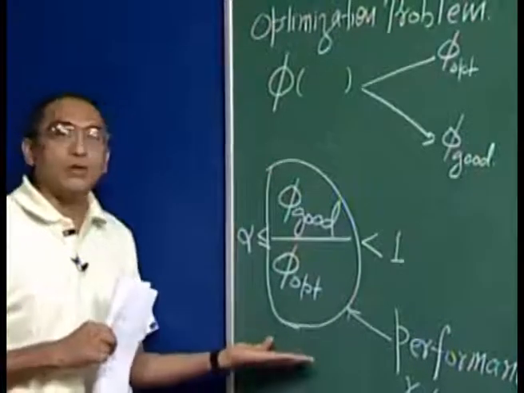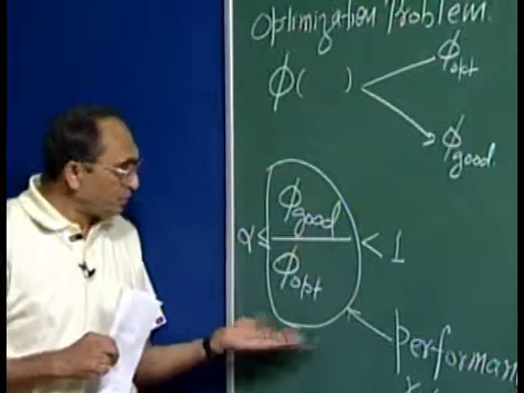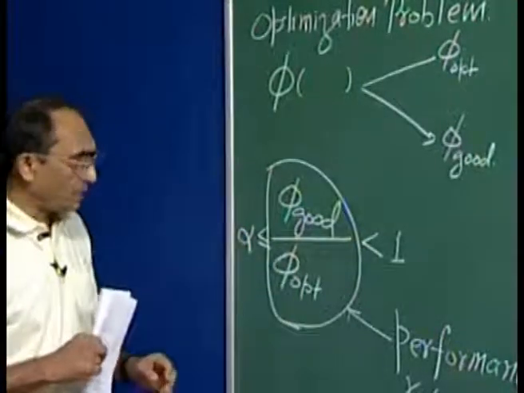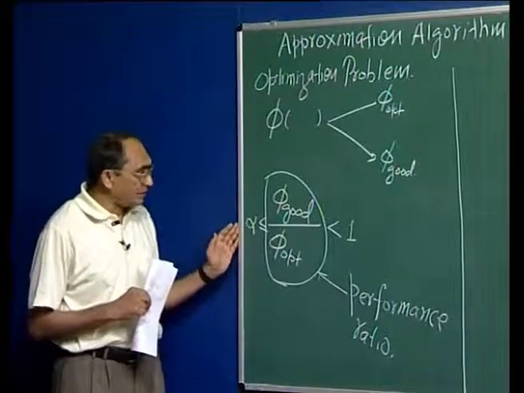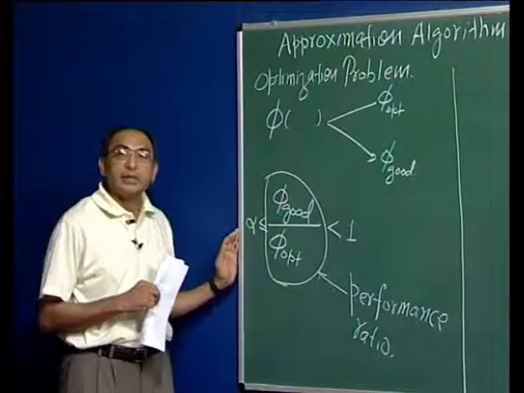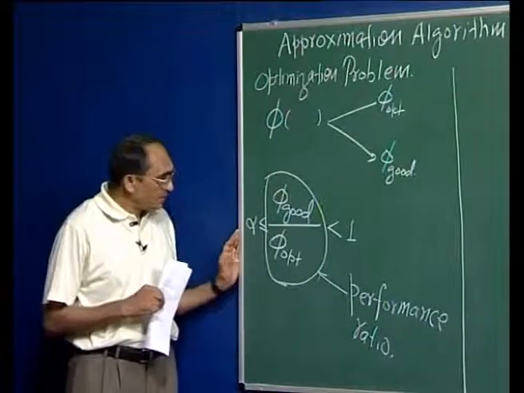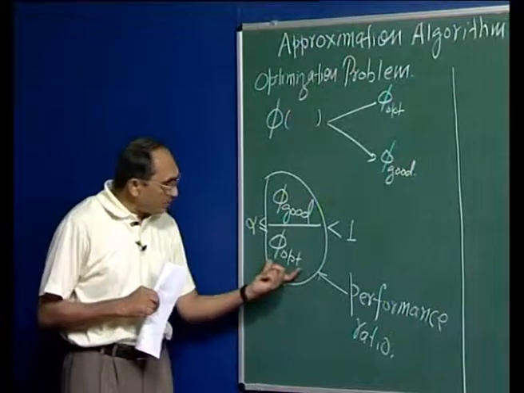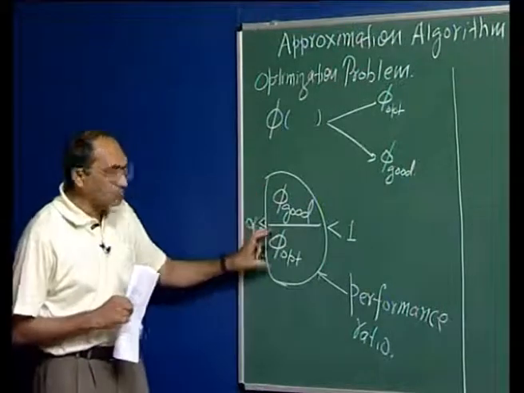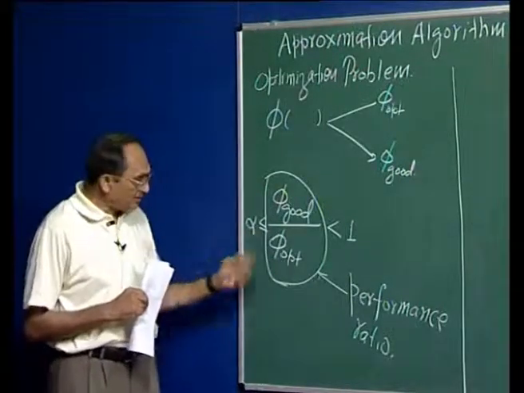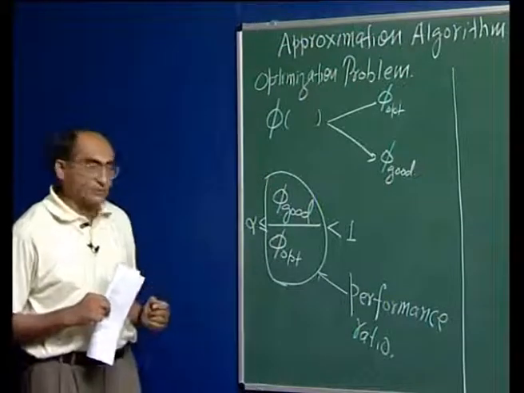So, if this is the goal, to push this to 1, one of the key elements in the design of the algorithms is to be able to analyze it. Although we do not know the optimum value, we need to show that our value is very close to it without actually having it with us.